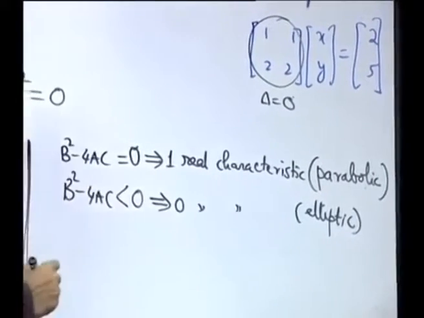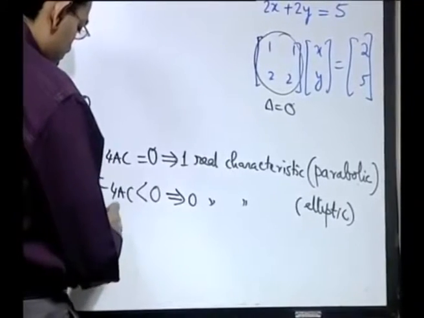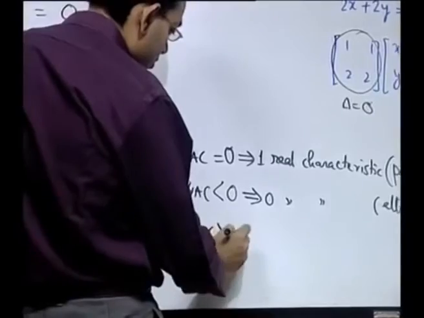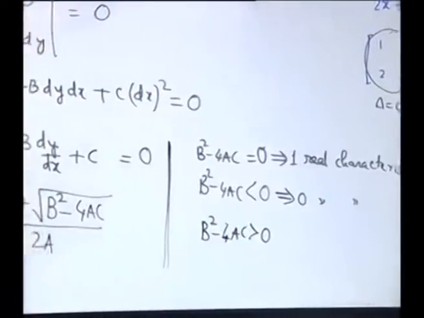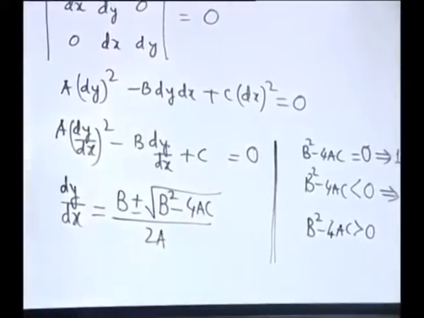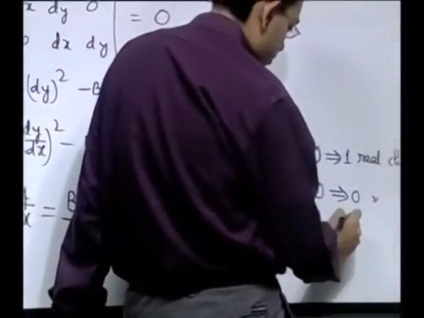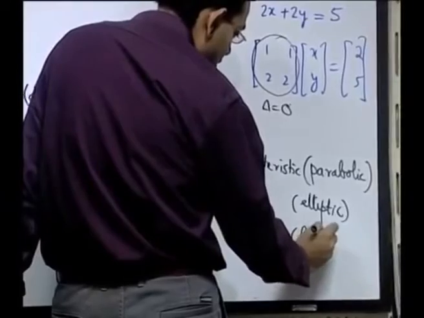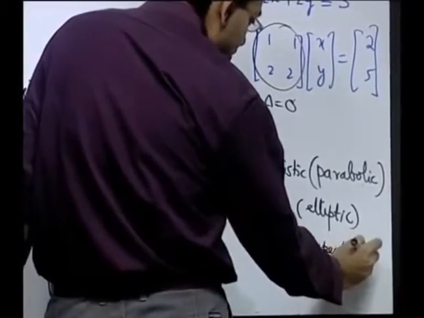And b square minus 4ac greater than 0 will have two real characteristics. This is known as a hyperbolic partial differential equation.